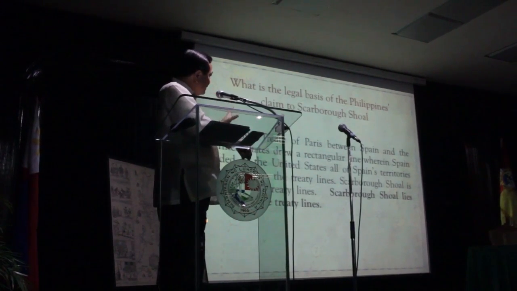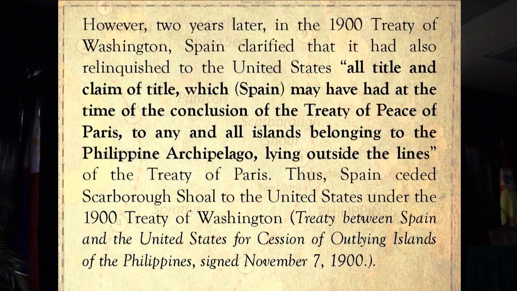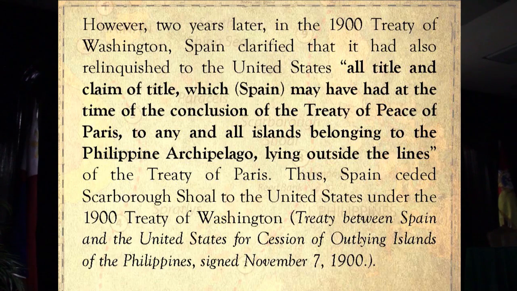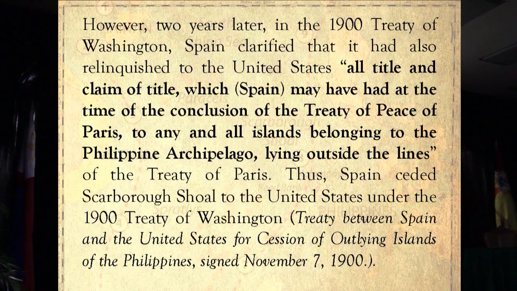But people forget that there is a second treaty, the Treaty of Washington of 1900, wherein Spain clarified that it also relinquished to the U.S. all title and claim of title which Spain may have had at the time of the conclusion of the Treaty of Peace of Paris to any and all islands belonging to the Philippine archipelago lying outside the lines.